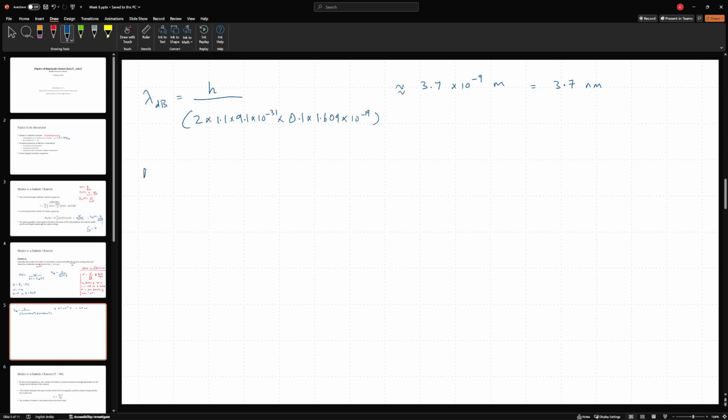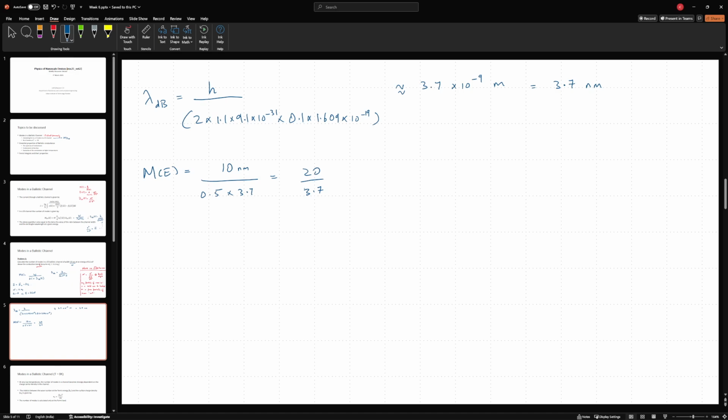From this, I can calculate M of E to be equal to 10 nanometers, which was the original width of the channel, divided by 0.5 into 3.7, which is equal to 20 divided by 3.7. That will come out to be something close to 5.